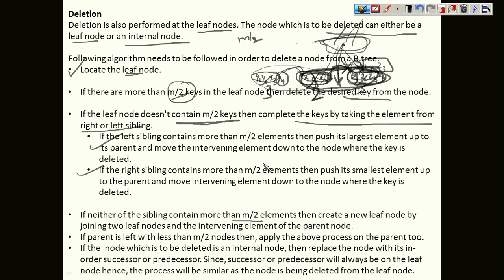So we already discussed how to delete an element from the leaf node. So deleting a key value from the internal node is actually converted to the case where we are deleting a key value from the leaf. Let us take one example to understand this scenario in a better way.